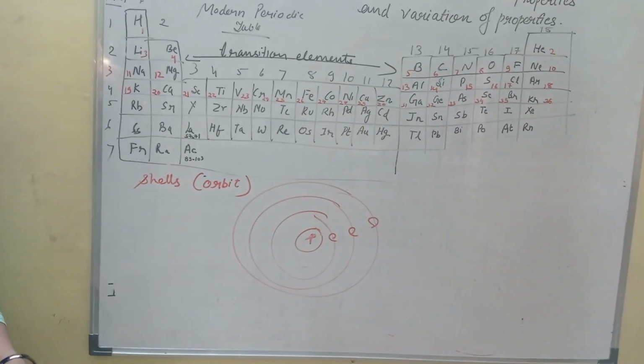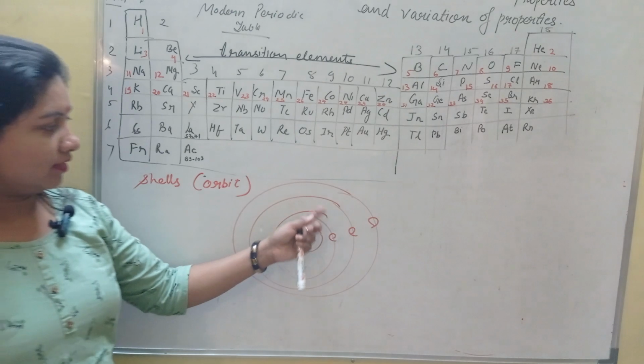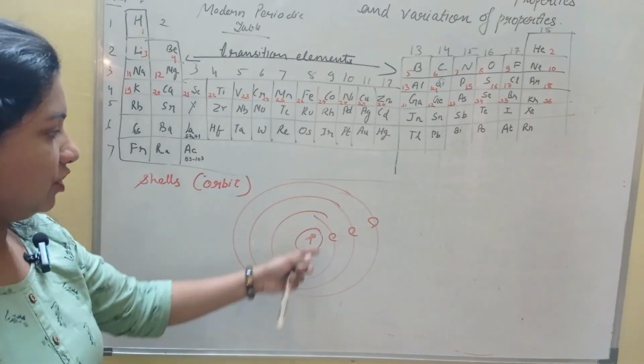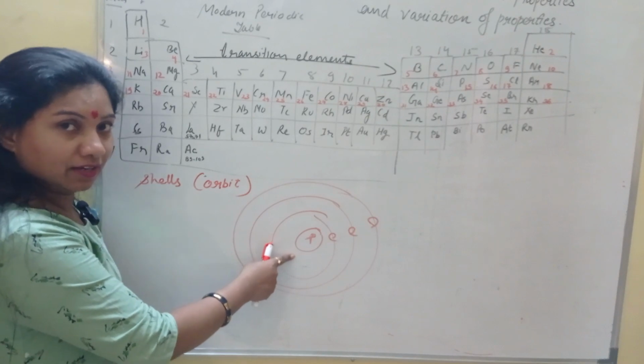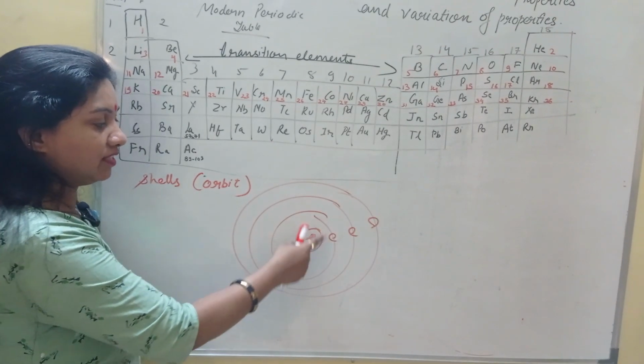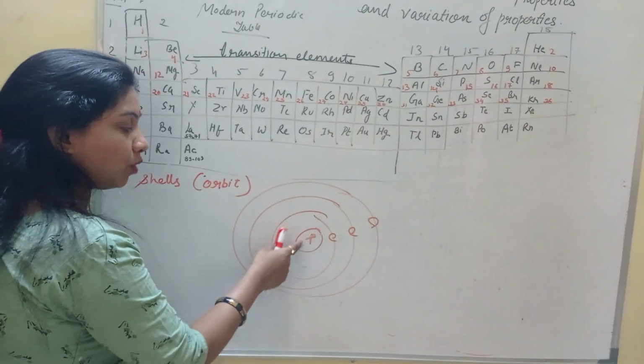So shells or orbit is the circular path in which electrons revolve around the nucleus. This is the nucleus. It is present inside the center of the atom, and this is the structure of the atom. Why is it positive charge?